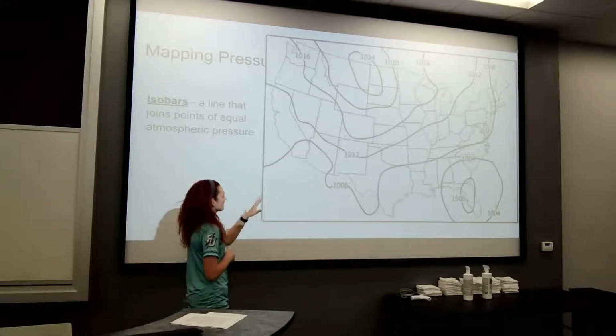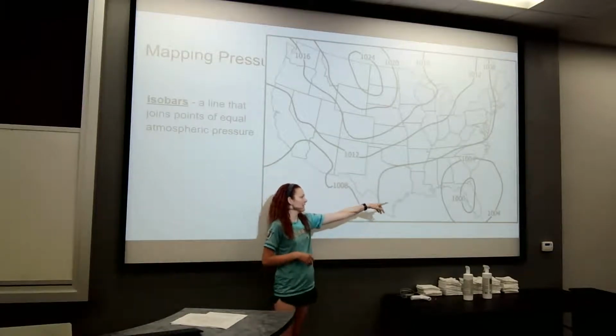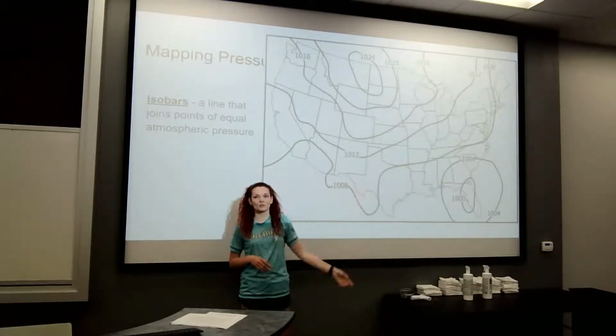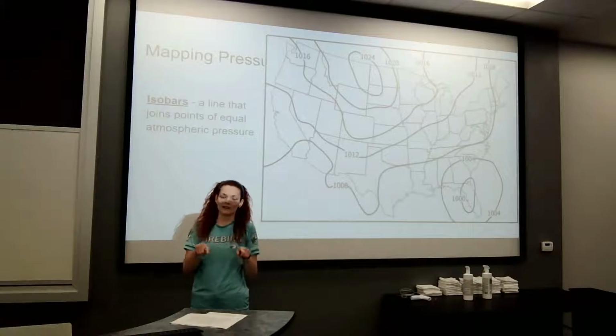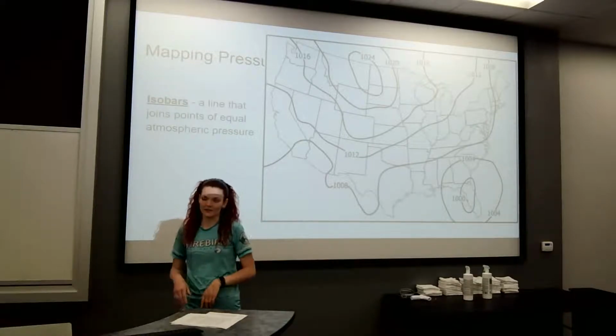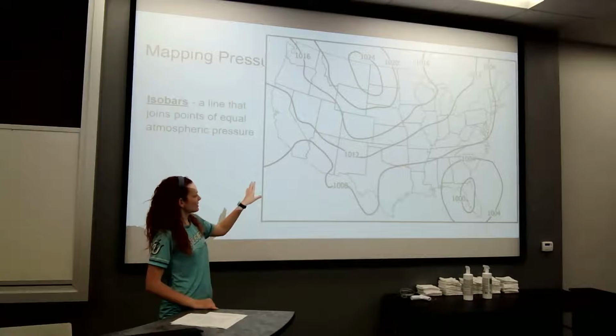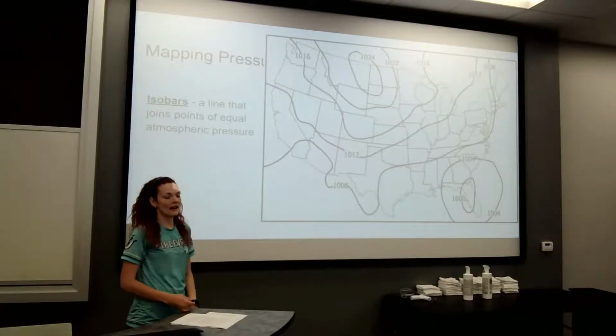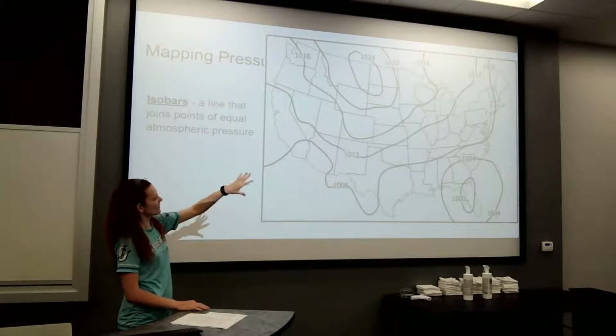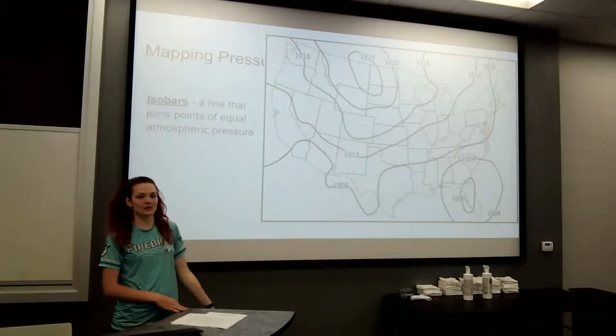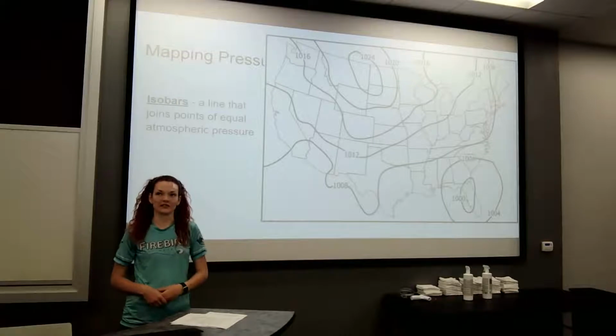Now again, for another line, like maybe over there in Florida, there's that 1,004 isobar. Anywhere on that line, any point there, the pressure will be 1,004. So isobars just show you where the different pressure readings are. And then now that we know where the different readings are in the numbers, it shows us where the high and the low pressure is.